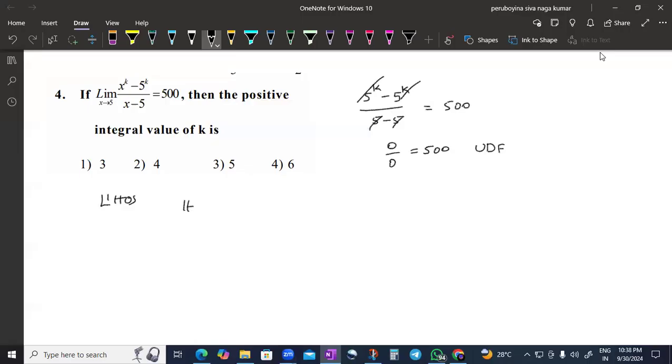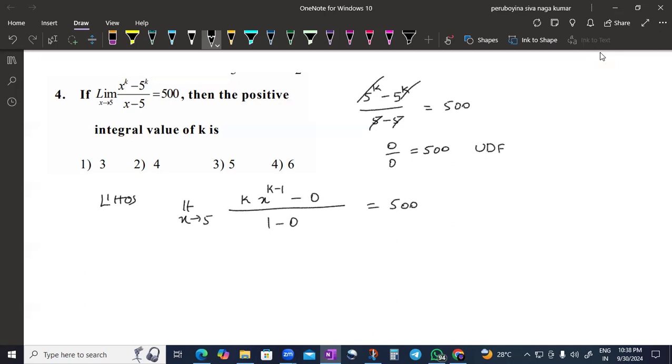According to L'Hospital's rule, what is the denominator derivative? X derivative is 1, 5 derivative is 0. What is the derivative of x power k? K into x power k minus 1. Since 5 power k is a constant, we should not perform derivative on the right side.